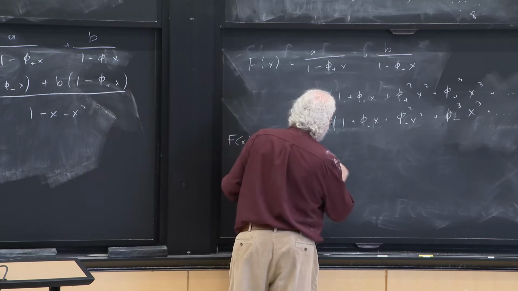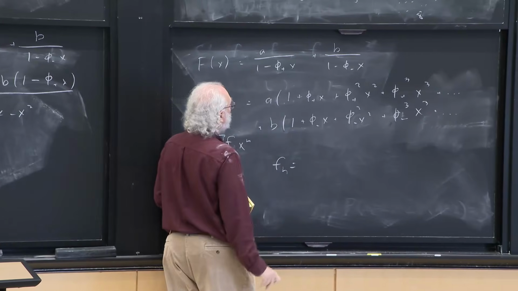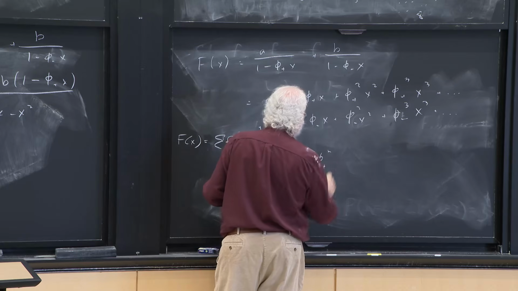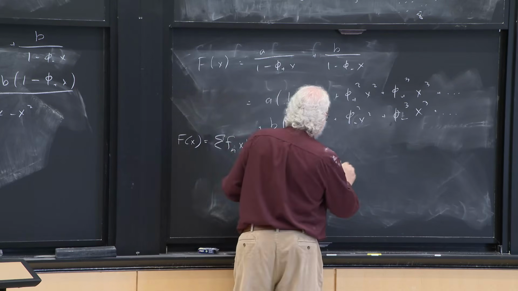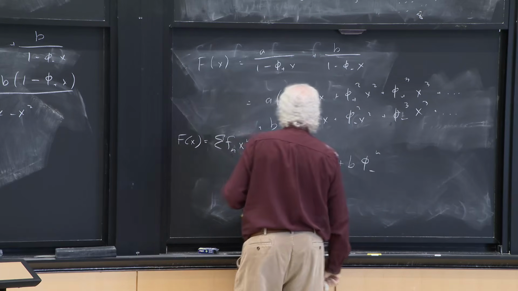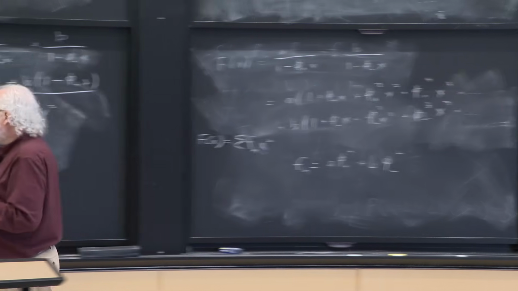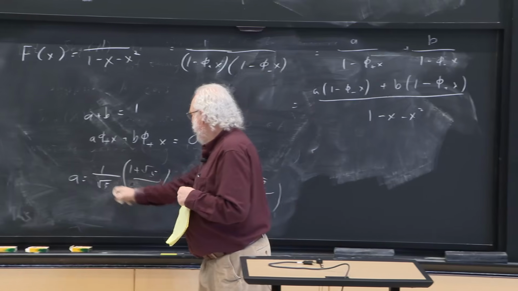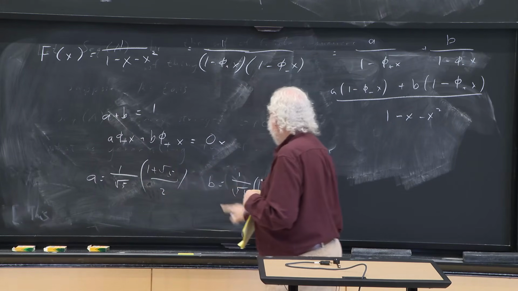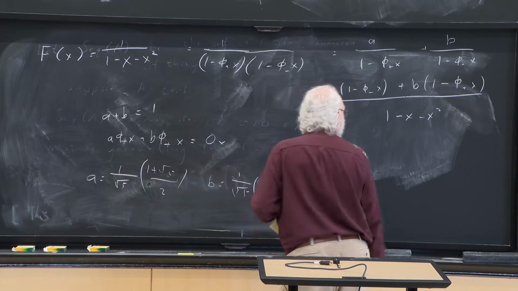So we get f sub n is equal to a phi plus to the n plus b phi minus to the n. And let's go back and see what a and b were. A was 1 over root 5 times phi plus, and b was 1 over root 5 times phi minus.